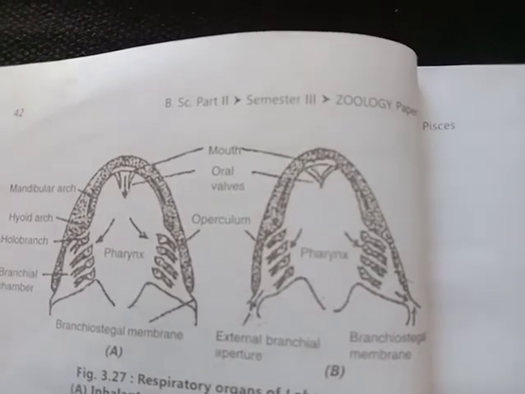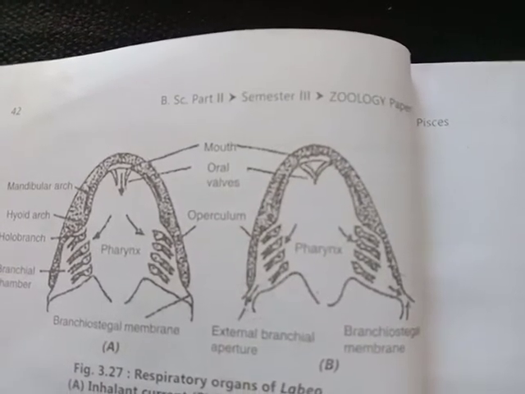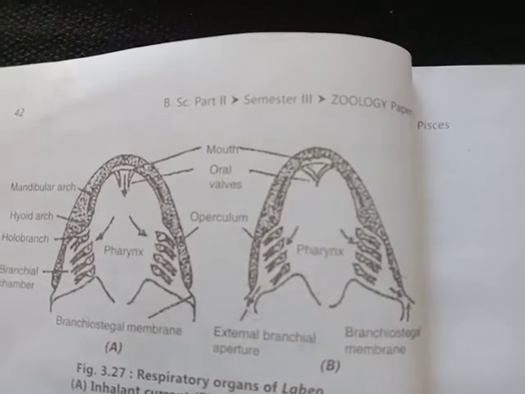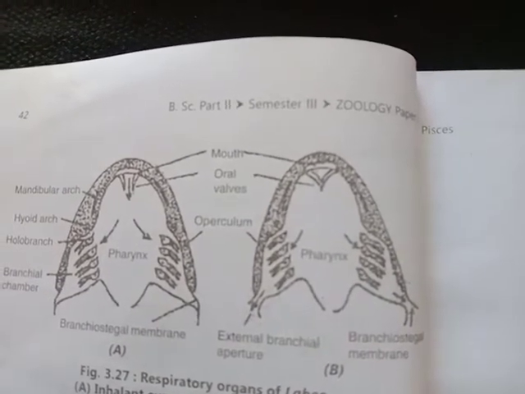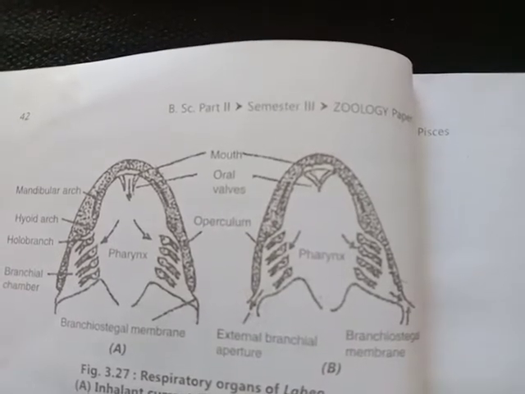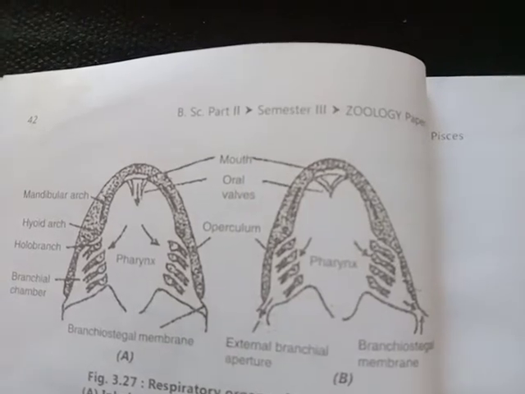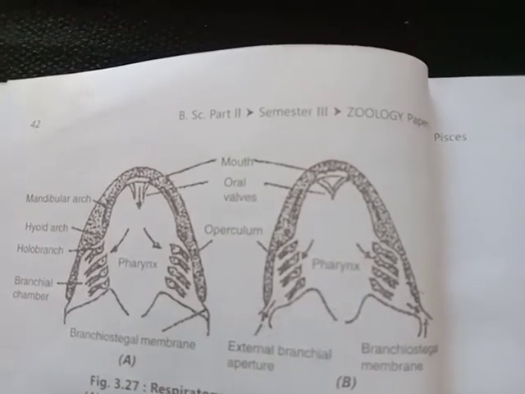Just behind the mouth in the buccal cavity there are 2 oral valves. These allow water to enter the mouth and do not allow water from the pharynx to go out through the mouth.